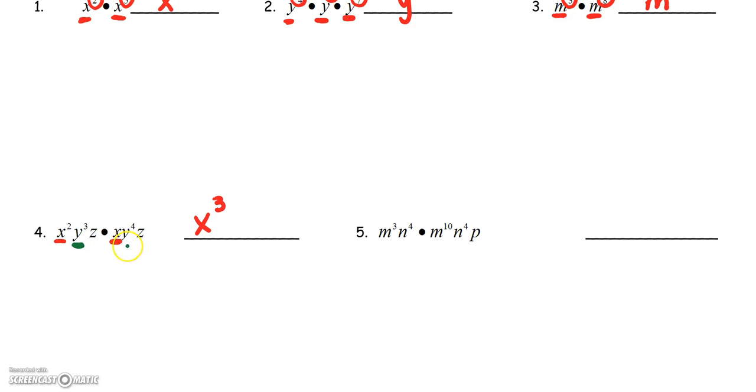Then we have y cubed and y to the 4th. Those have the same base. Y cubed times y to the 4th, we'll add the exponents according to our rule and get y to the 7th. And then finally, z to the 1st times z to the 1st, we'll add the exponents. 1 plus 1 is z to the 2nd.